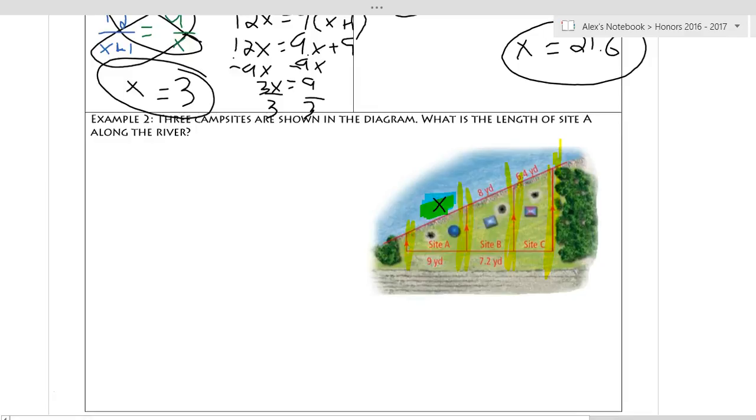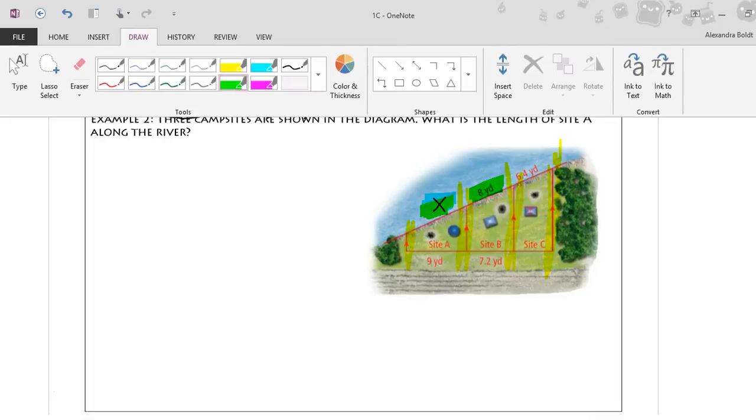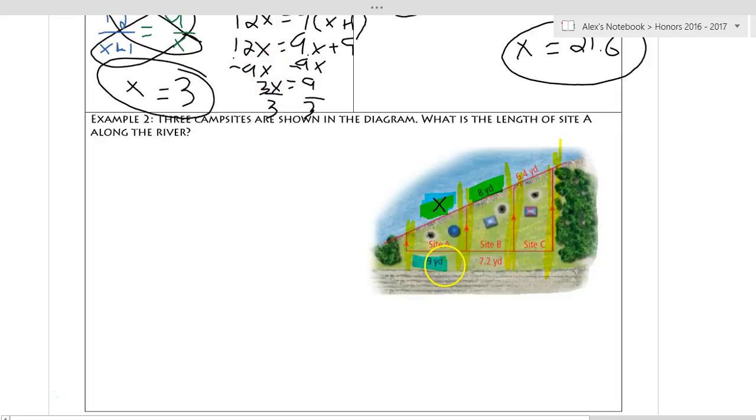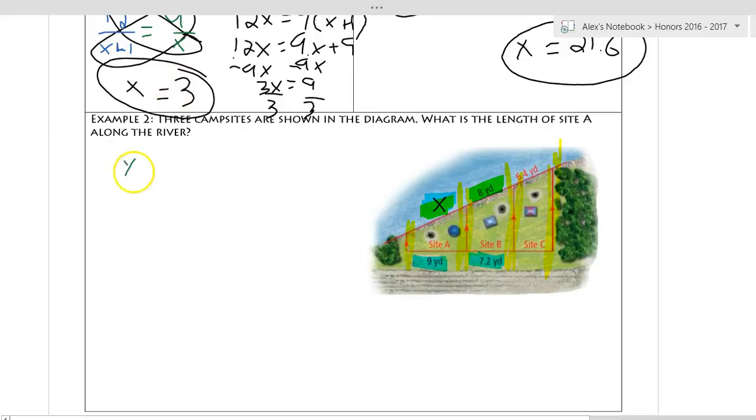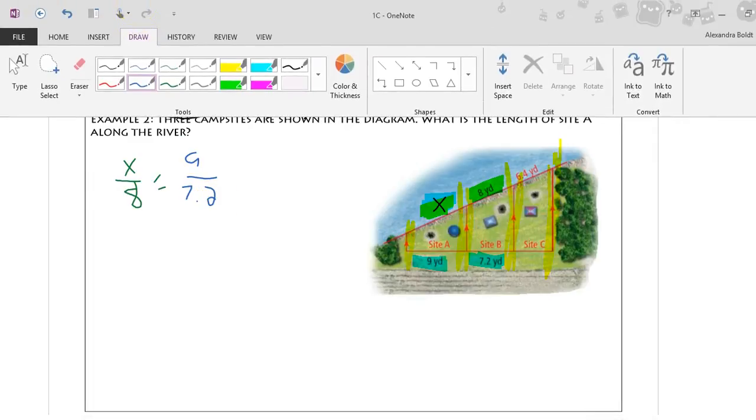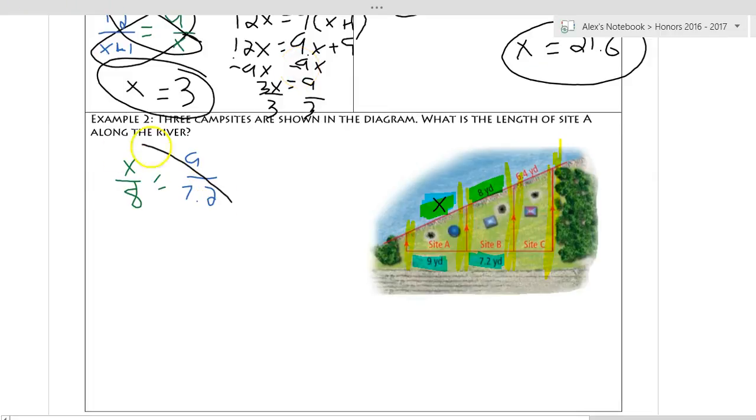Right? So x is going to go with what's next to it, 8. And then I also want to use 9 and 7.2. So I'm just going to set up that proportion. x over 8 equals 9 over 7.2. Just like before, all we're doing is cross multiplying.